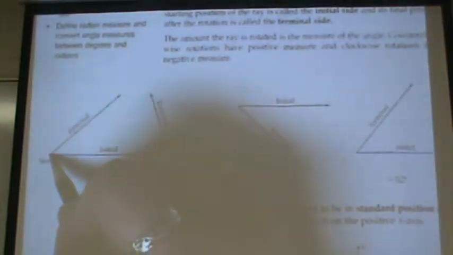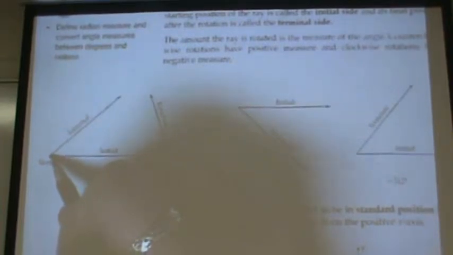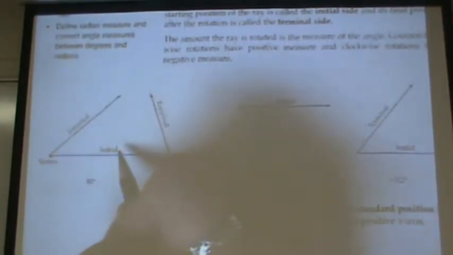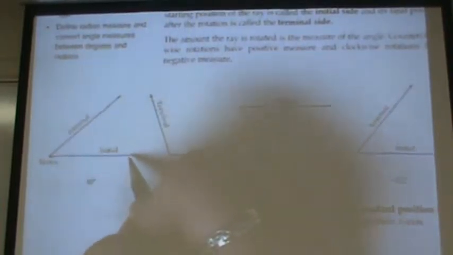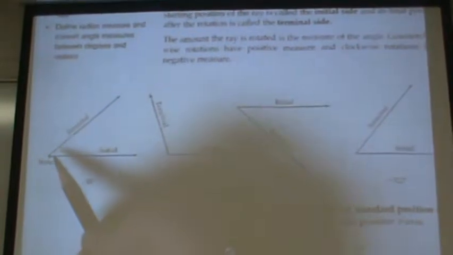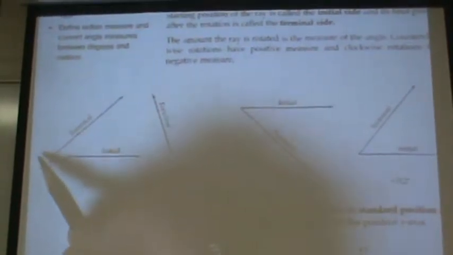Our vertex would be right here, and then we have our initial ray and a terminal ray. An angle is now a rotation around this vertex. Our initial ray is where we start, and our terminal ray is where we end.